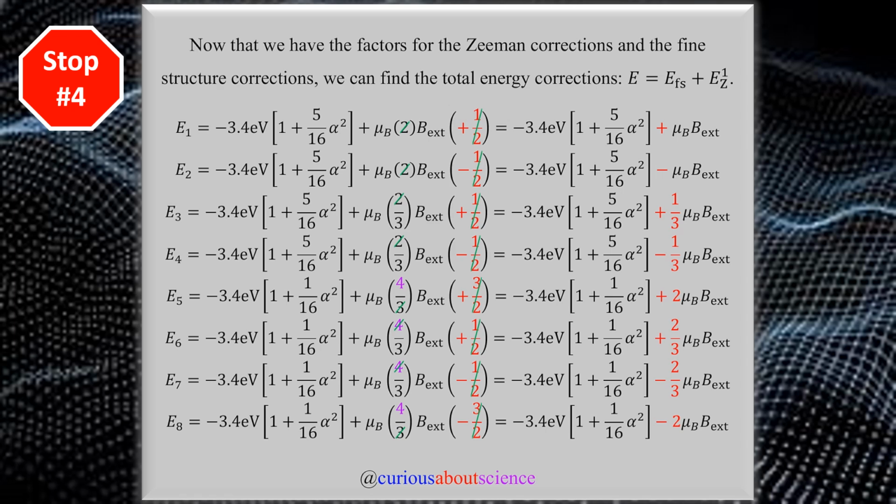And so now that we have the fine structure contributions, we also need to find the Zeeman corrections. Okay? And recall here that the Zeeman correction came from equation, let me go find my notes. Yeah, equation 7.79, okay?